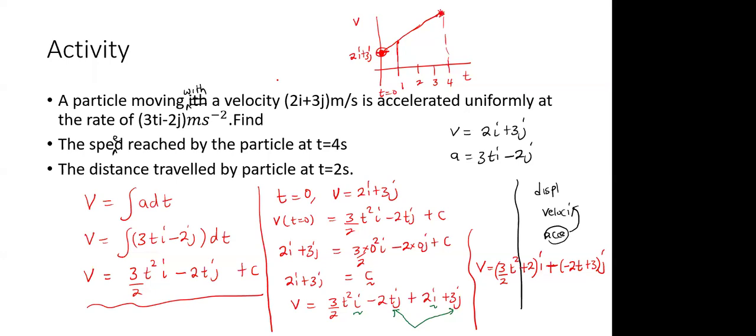So if they say the particle is moving with a constant velocity, that means acceleration is 0 because velocity is not changing. In case velocity is changing, then acceleration will not be 0. If the velocity keeps on increasing, acceleration will be positive. If it keeps on decreasing, then acceleration will be negative, or called retardation. Thank you, Chebet.